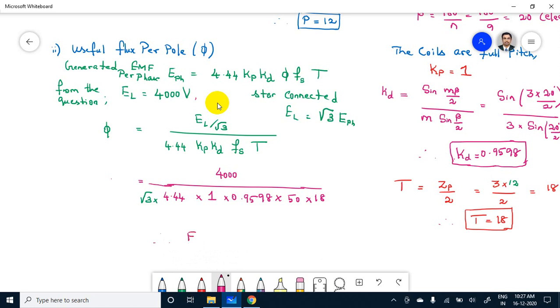So what happened to the flux per pole? Flux phi equal to how much?